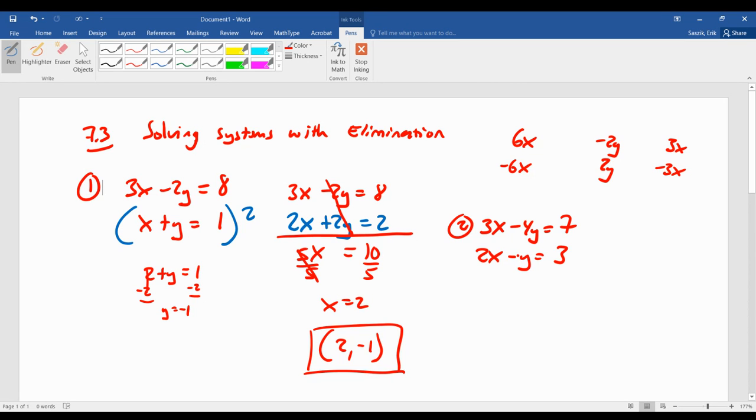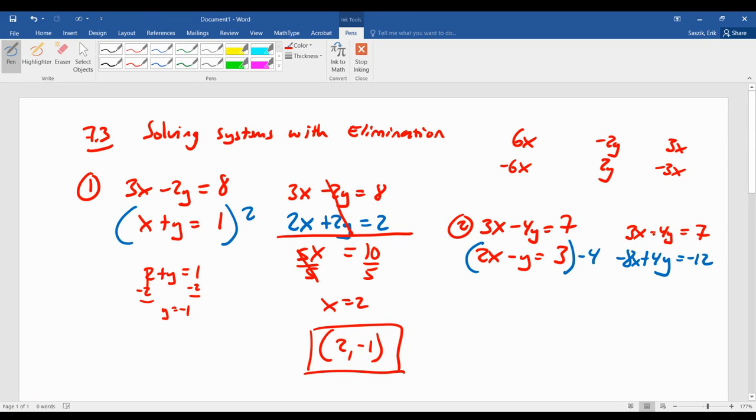I need to get this to positive 4y. So I have to change the sign of it, and I'm going to multiply this by negative 4. Remember, you have to multiply everything by negative 4. So that's negative 8x plus 4y equals negative 12. The top one didn't change at all, so I'm just bringing that over.